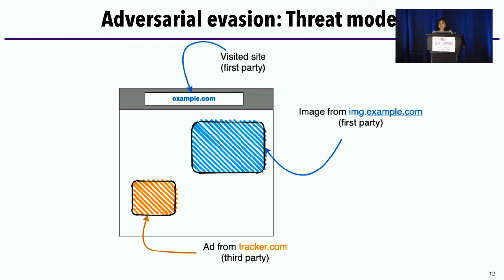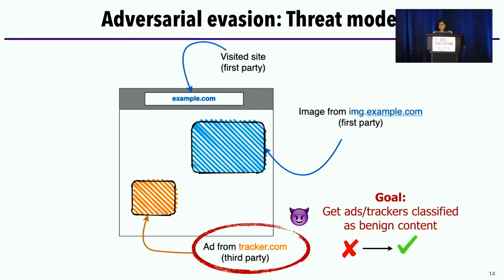This site would consist of resources that belong to the first party and the third party, where first party resources are those that share the same top level domain as the visited site, and third party resources are those that have a different domain. So let's say that AdGraph is running, and then it classifies some of these resources as benign and some of these as ads and trackers. The adversary in our scenario is a third party that aims to get its ads and trackers misclassified as benign content.